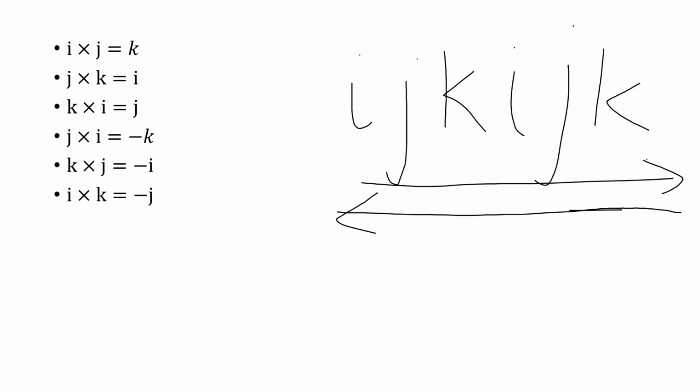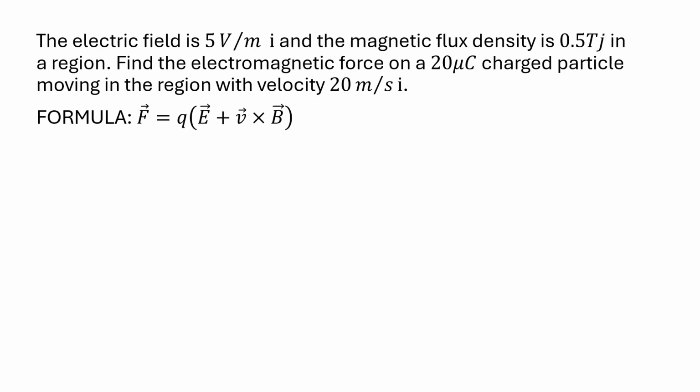But how is all this useful? Let's try some questions. I think it will be clearer. So let's try a question from physics. The electric field is 5 volts per meter I and the magnetic flux density 0.5 Tesla J in a region.